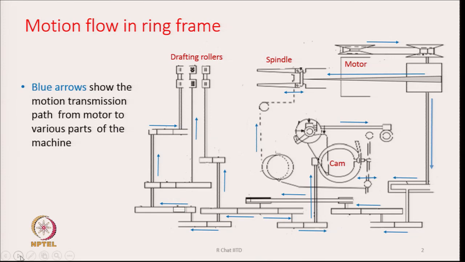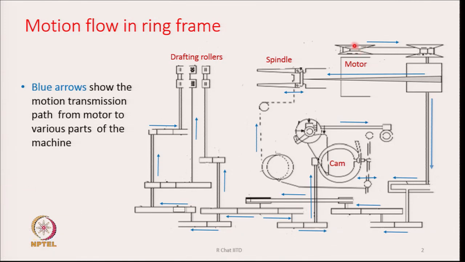This is a typical diagram that we have taken, and if we try to find out how the motion from the motor is going to the different organs of the machine, we need to know the path that the motion is flowing. Here is the motor as shown in this diagram.